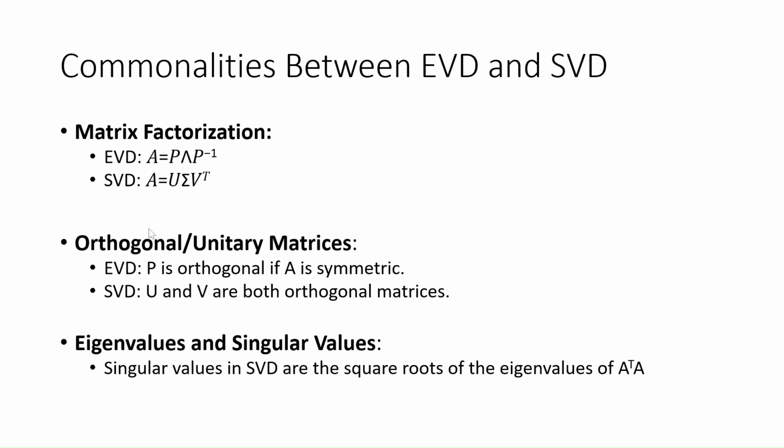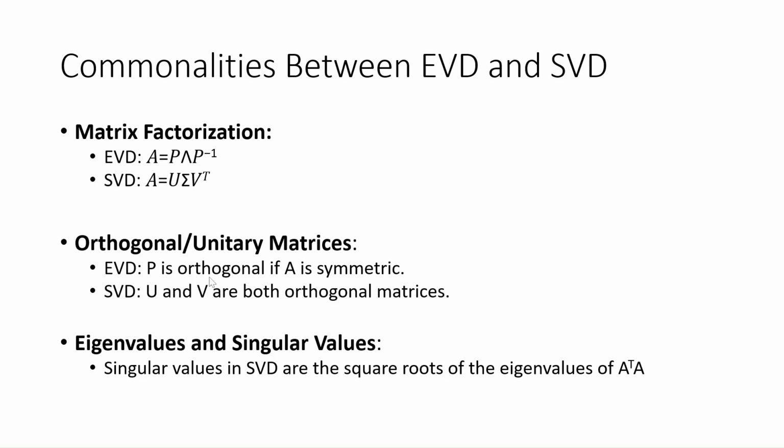In both cases, let's talk about the orthogonality part. In EVD, P is the orthogonal matrix if A is symmetric, and this P matrix is nothing but the eigenvectors. And this lambda matrix is nothing but the eigenvalues. In case of singular value decomposition, U and V are both orthogonal.